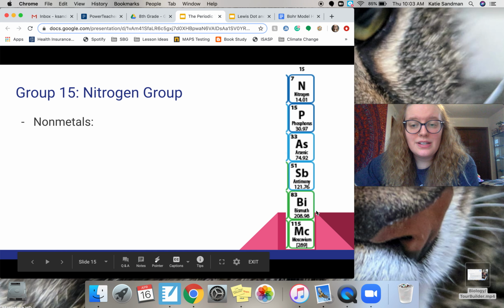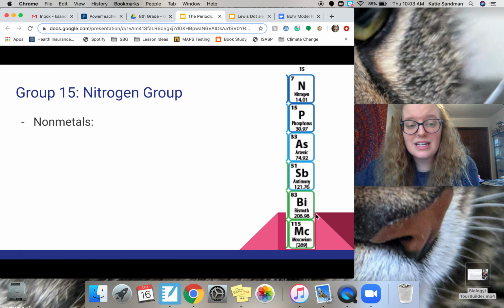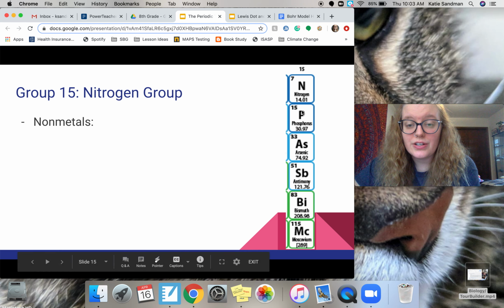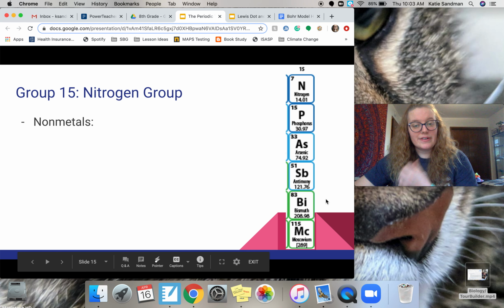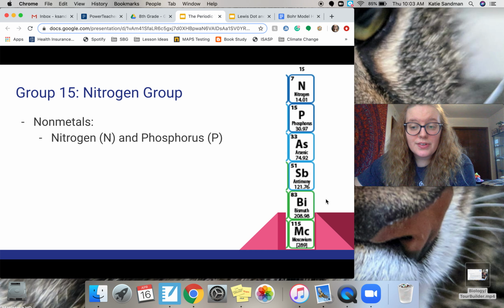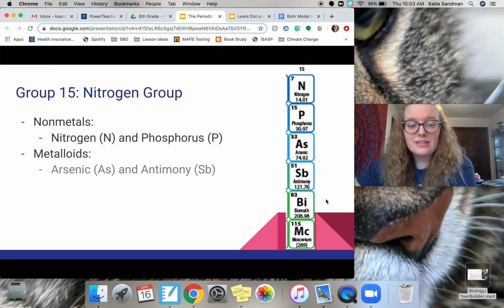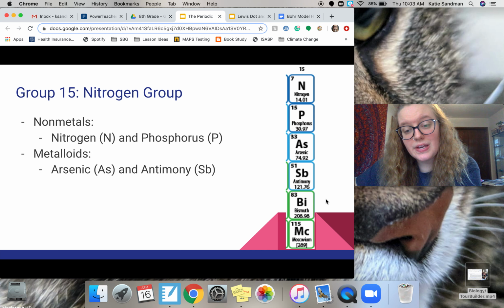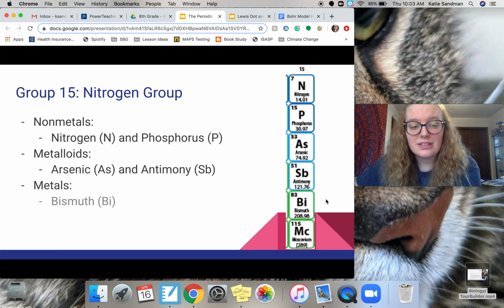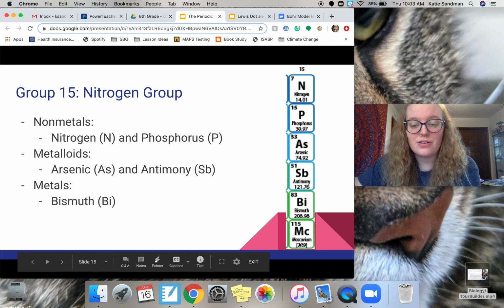Alright, our next one is group 15, our nitrogen group. So again, named after nitrogen, the first element there. We have nonmetals, nitrogen and phosphorus. Our metalloids are arsenic and antimony. And then our metals are bismuth and also muscovium.